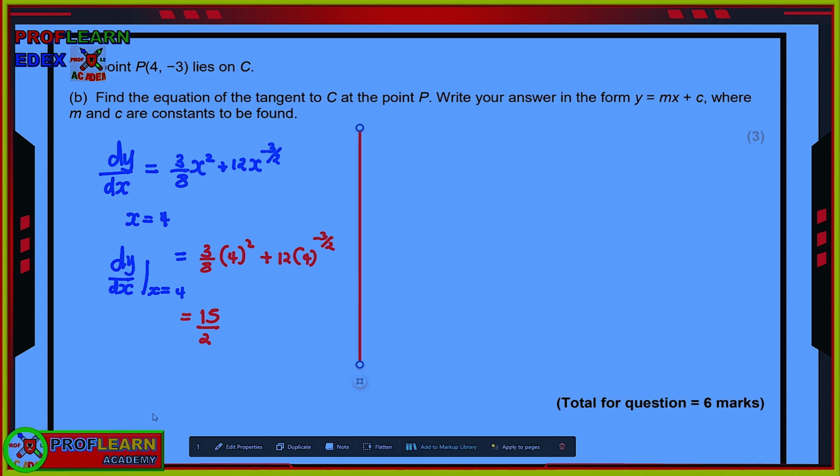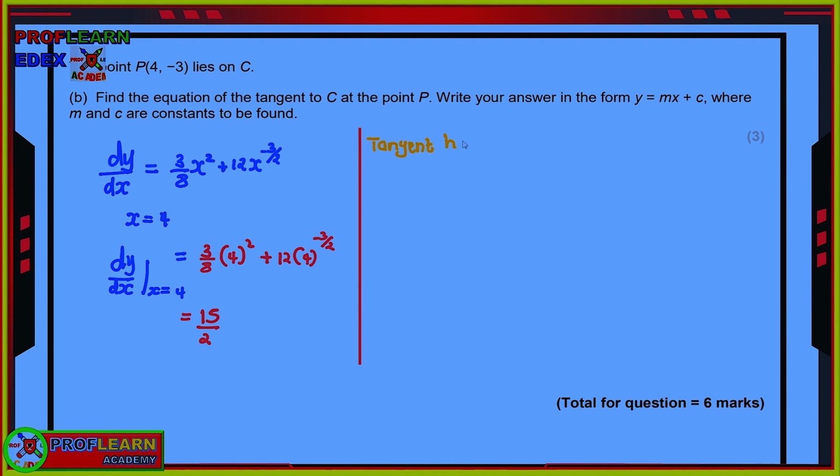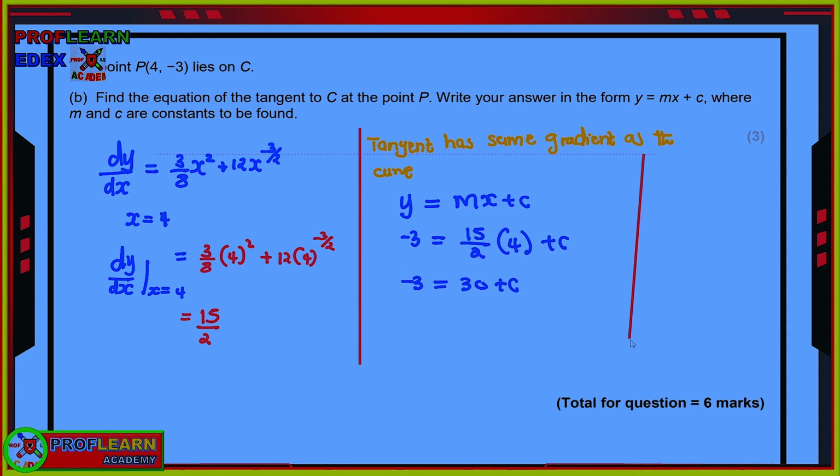And since we are finding the equation of the tangent, it means the tangent and the curve have the same gradient. So we are going to work out and find the value of c, and c is going to be negative 33.